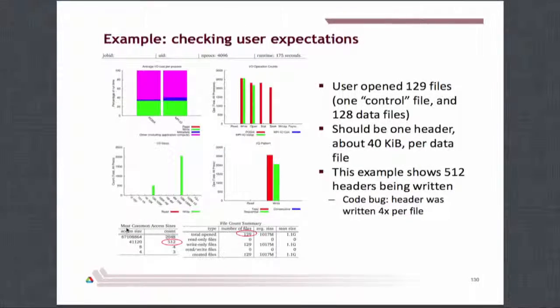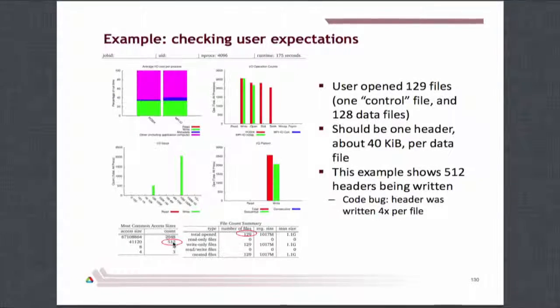And there's a table here that shows the most common access sizes, which actual I/O sizes occurred most frequently. And there's some huge ones, 64 megabyte writes that were the big data writes that we expected. There's the 40 kilobyte headers that were being written by the application. And we looked at how many there were, and instead of 128 of them, there were 512 of them.